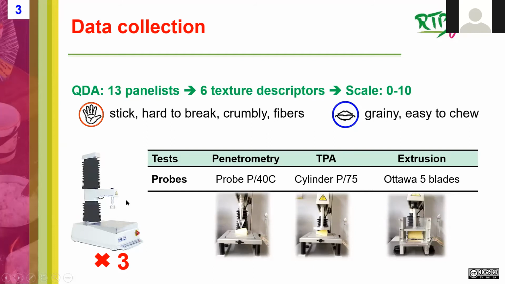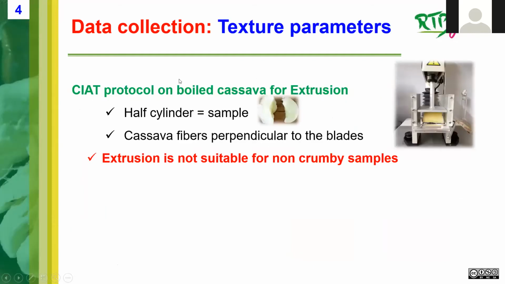For the protocol used for instrumental measurements, we use the protocol developed by CIAT for extrusion measurement on boiled cassava. We apply the conditions recommended by the CIAT protocol, I mean half cylinders of boiled cassava as samples, and the cassava fibers were placed perpendicular to the blade, as you can see in this photo here.